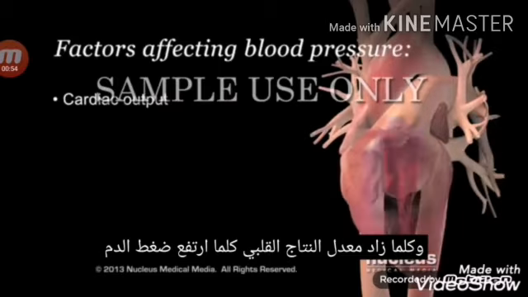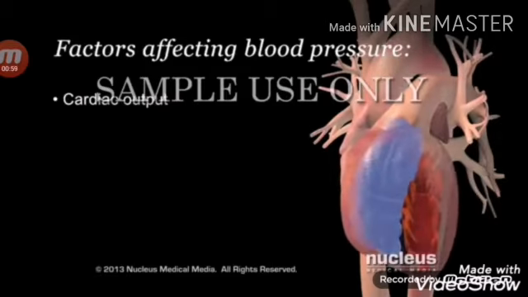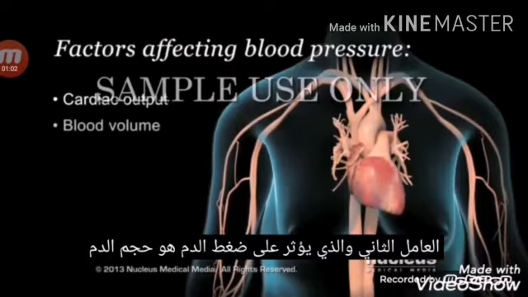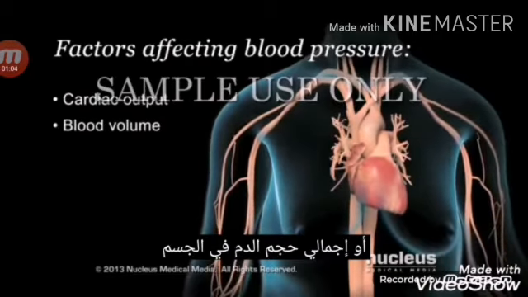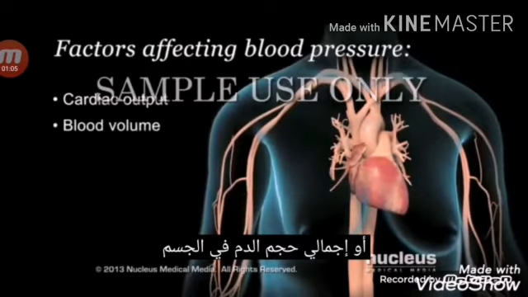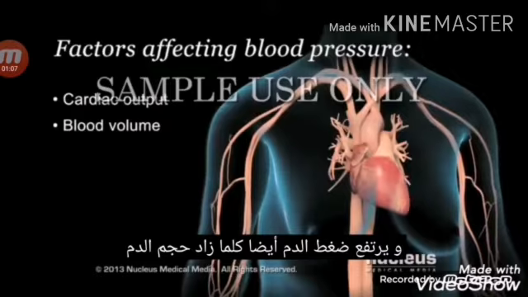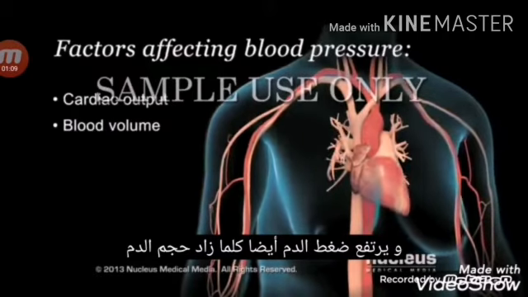The blood pressure goes up as cardiac output increases. The second factor affecting the blood pressure is blood volume, or the total amount of blood in your body. Blood pressure also goes up as blood volume increases.